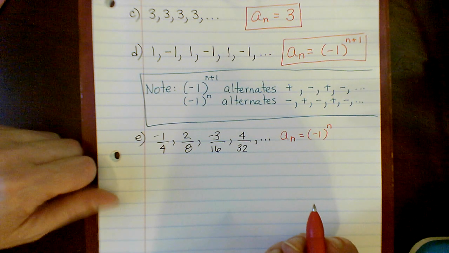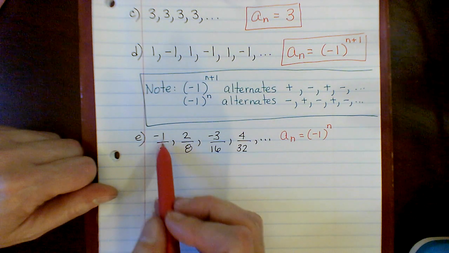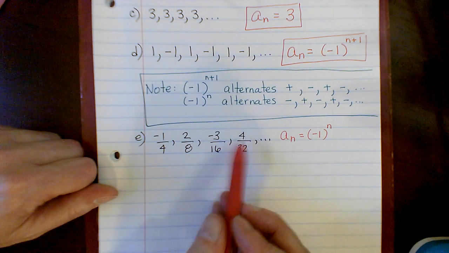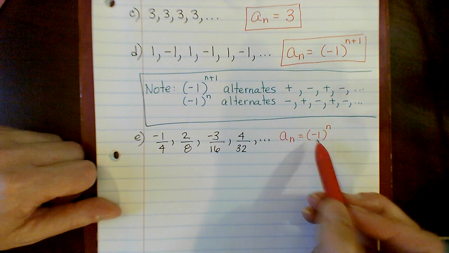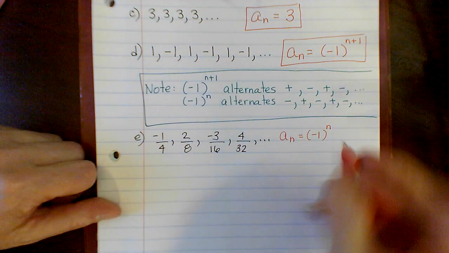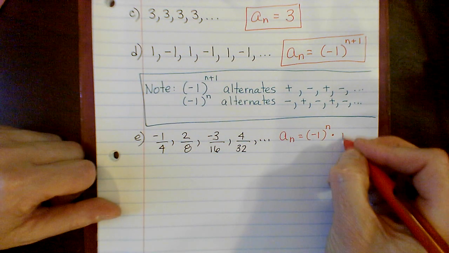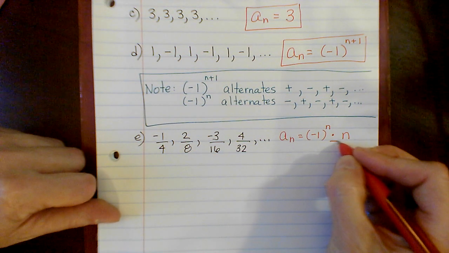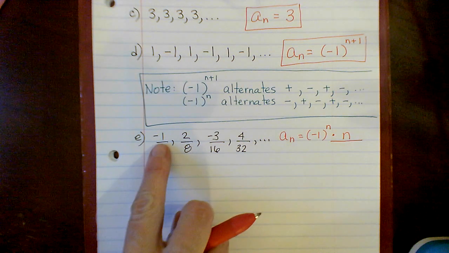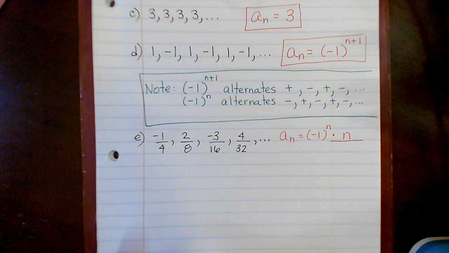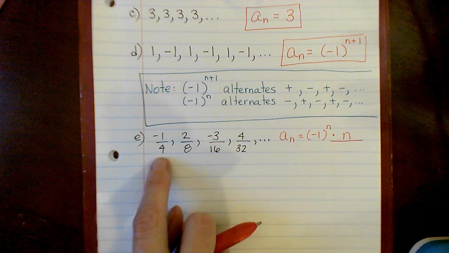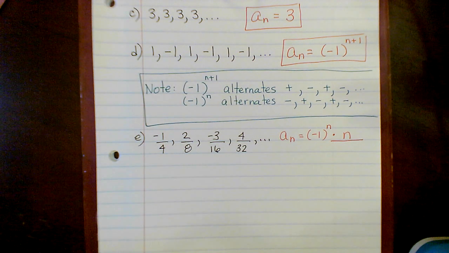So maybe we come back to that. Oh, look, at the top, we just have 1, 2, 3, 4, if I ignore the signs, because I've already taken care of the signs. The top is just 1, 2, 3, 4, 5. Okay, that's not too bad. That's just n, right? Because if I plug in 1, I get 1. If I plug in 2, I get 2. So let's come back to this. That whole multiplying by 4 didn't really get us anywhere.